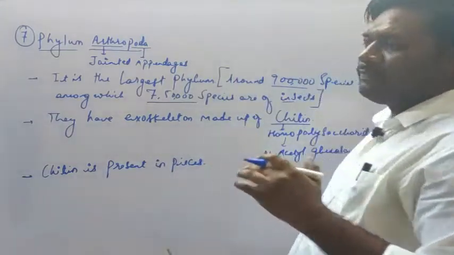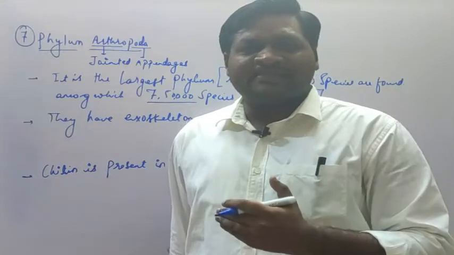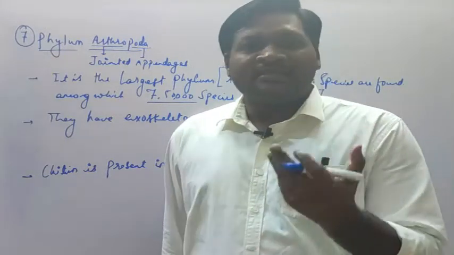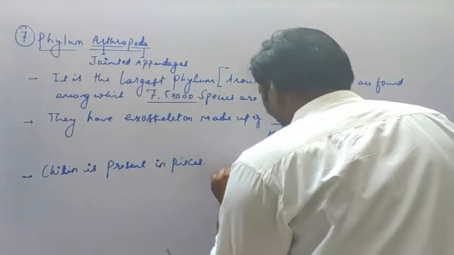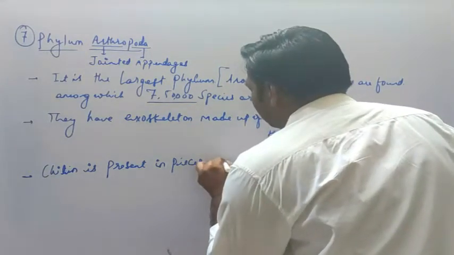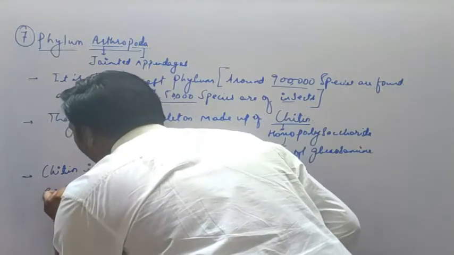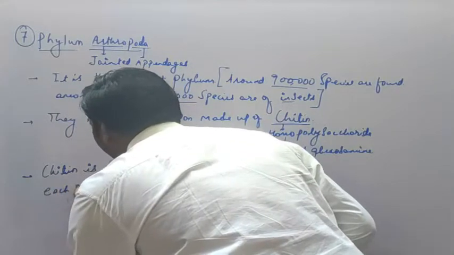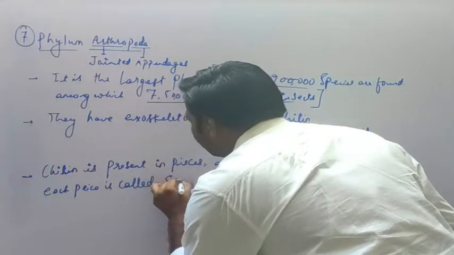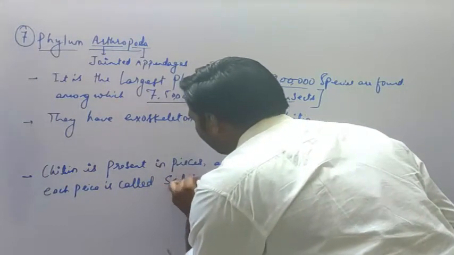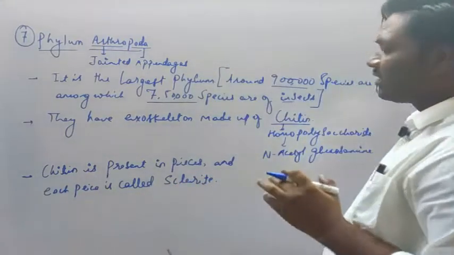Pieces in the sense that the body of the insects or the arthropods consists of certain pieces, and each piece is called a sclerite. So what does sclerite mean?